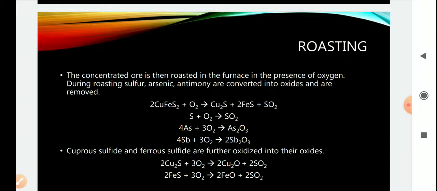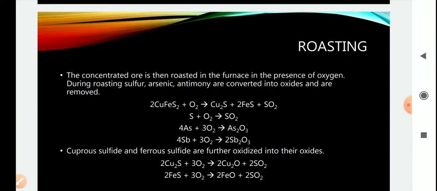So when it is roasted, the sulfur, if it is present in the ore, arsenic and antimony are converted to their corresponding oxides. So sulfur will be converted to sulfur dioxide and arsenic will be converted to arsenic oxide, etc.